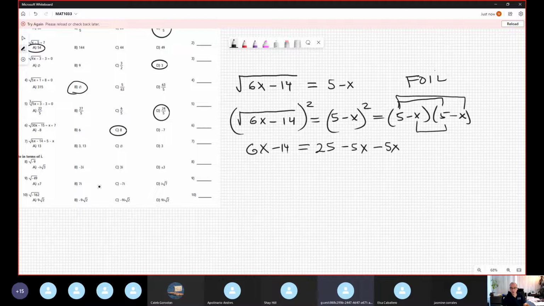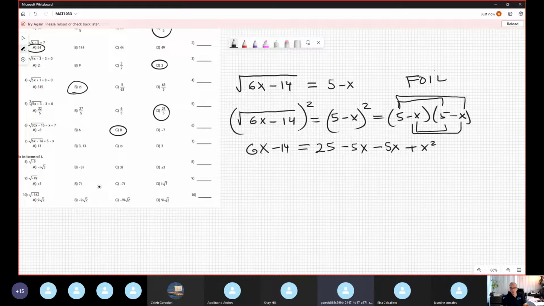This is 10 because they are twin brothers. And when they are twin brothers, the multiplication of outer and inner is the same, so it is twice. The conjugate is completely different. In the conjugate the terms cancel out because of different signs. But in the twin brothers, no. And minus x times minus x is plus x squared.